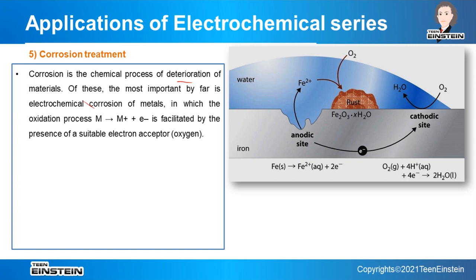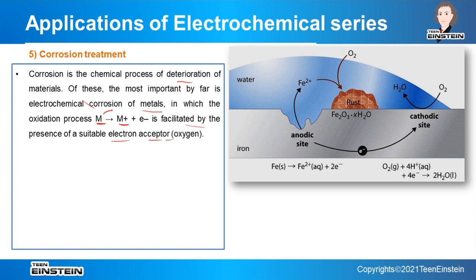Here there are different types of corrosion, but mainly we will focus on corrosion of metals. Of this, the most important by far is electrochemical corrosion of metals, in which the oxidation process, that is metal from zero state is converted to a positive oxidation state, not necessarily +1, it may be +2 or +3, is facilitated by the presence of a suitable electron acceptor.